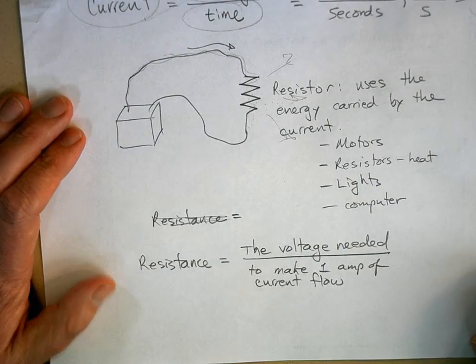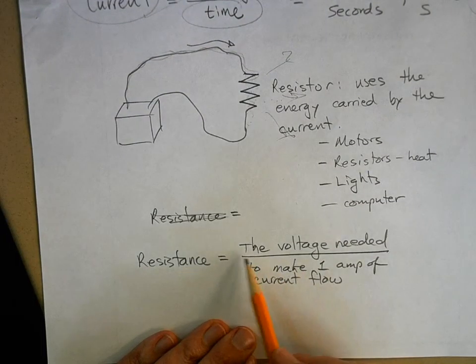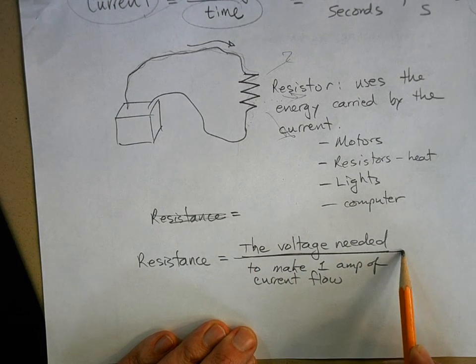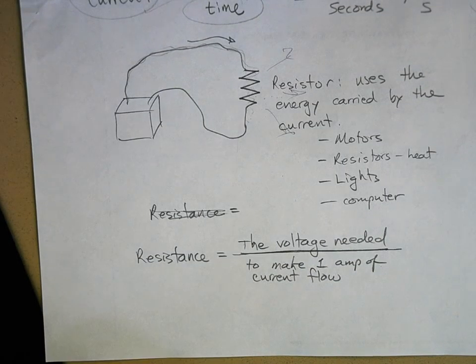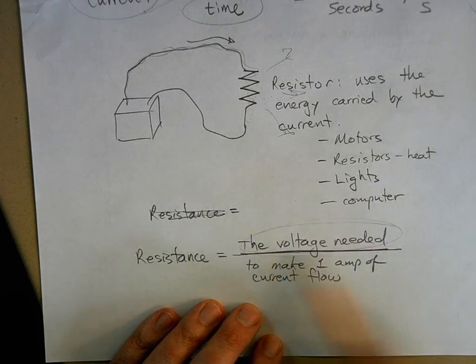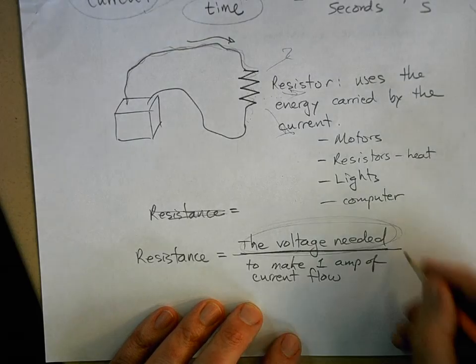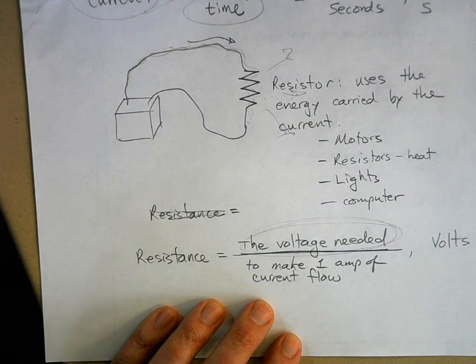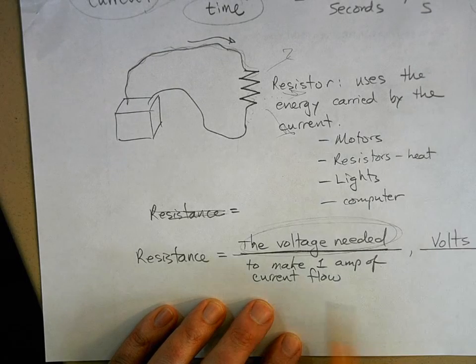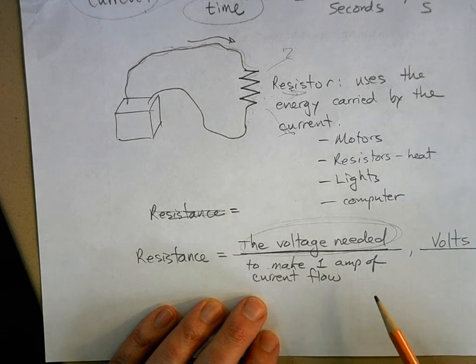I wrote it as a ratio. The voltage needed to get the current to flow. Now let's take a look at the units here. Voltage needed. What units are those? Volts. Make 1 amp of current flow. Well, that's current.